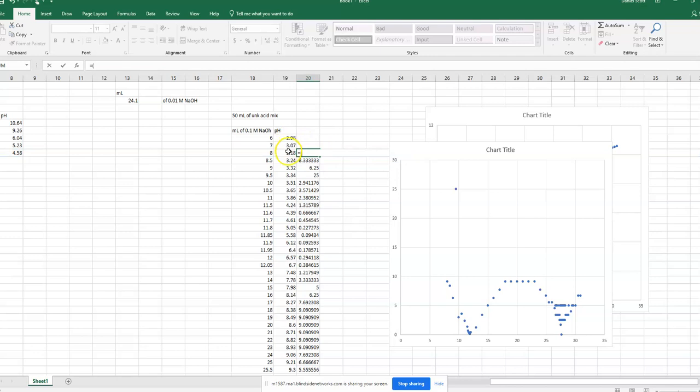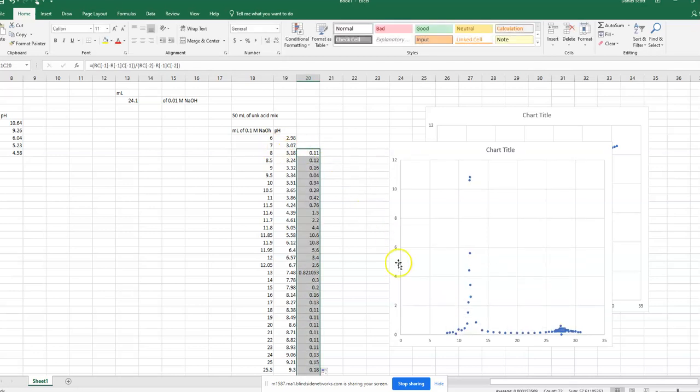Change in rise, this is the y-axis. So it's this minus this, over this minus this. There we go. All right.